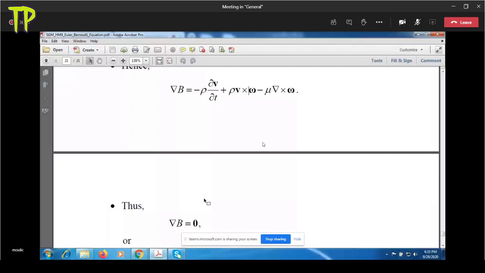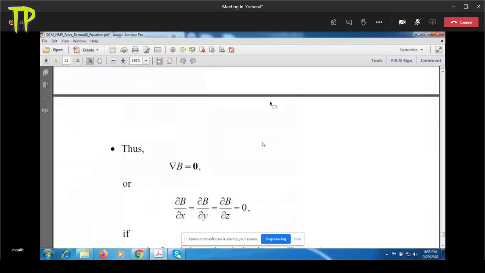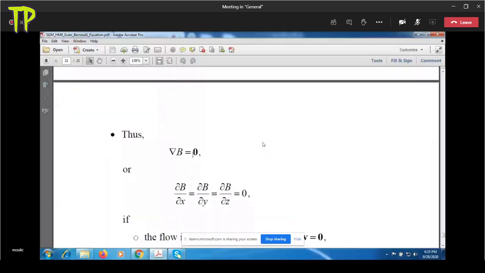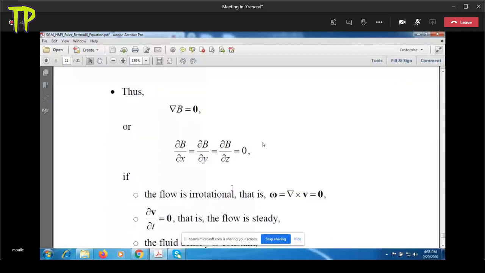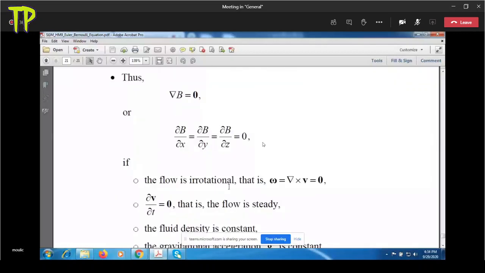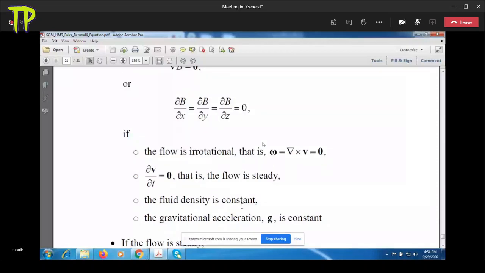When that happens, this grad B equal to the zero vector is a vector equation which is equivalent to three scalar equations. Del B del x equal to 0, del B del y equal to 0, and del B del z equal to 0. So this will occur if the flow is irrotational, that is omega vector, which is curl of the velocity vector, is 0. And del V del t is a zero vector. This will happen if the flow is steady.